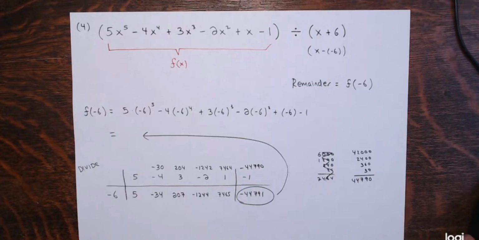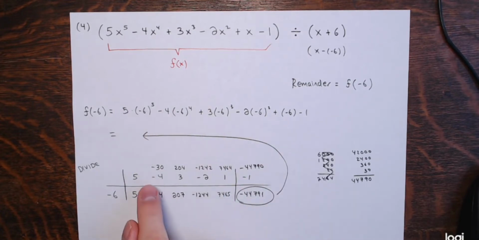So looks like I did okay by hand here, negative 44,791.